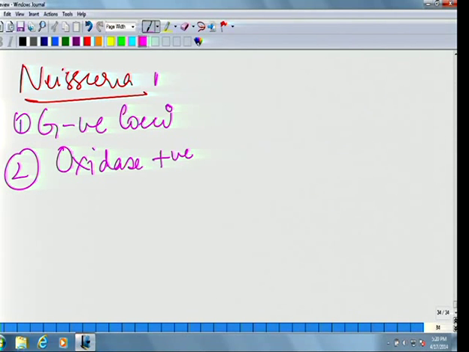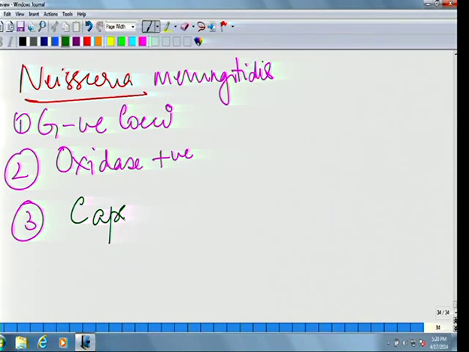So we are first looking at Neisseria meningitidis. Does this have a capsule? Yes. That's why you have a vaccine. The meningococcal vaccine is made up of the capsule.